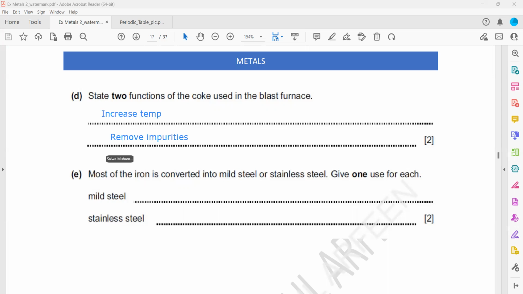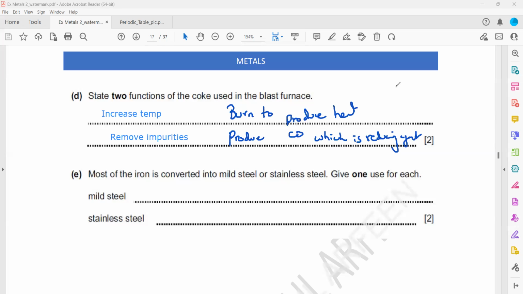If you directly write remove impurity, that is not right. Look, the simple points to mention: first, it burns to produce heat, increasing the temperature. The second thing, it can also be a reducing agent, because carbon is a reducing agent, or it produces carbon monoxide, which is a reducing agent.